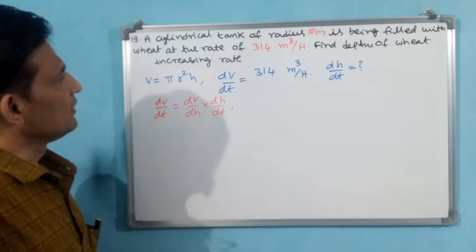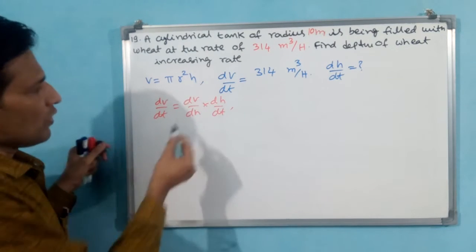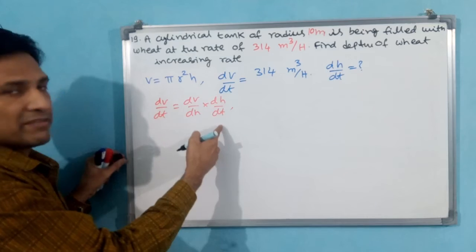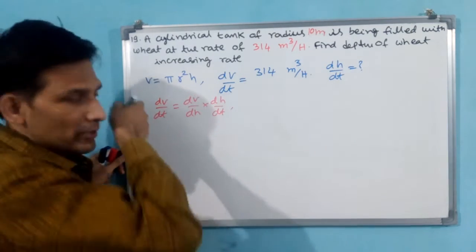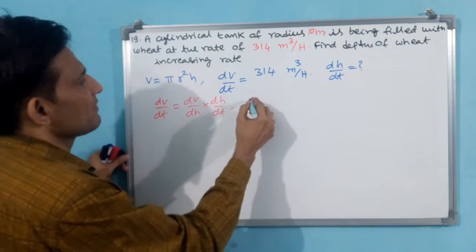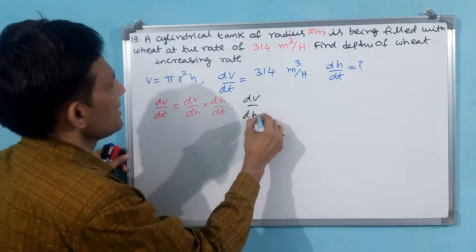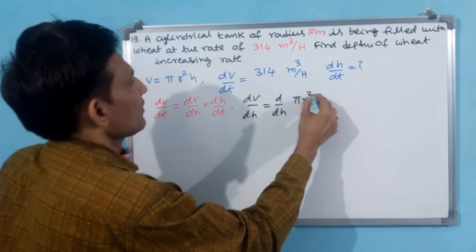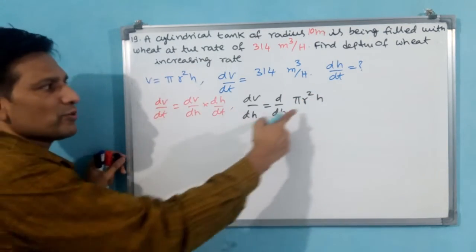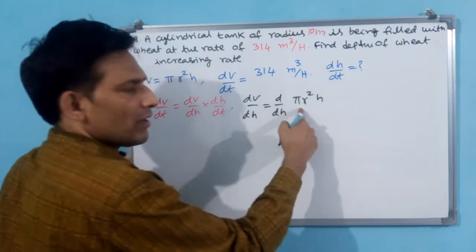Proceed. dH is going to get cancelled in dV by dt. dV by dt they have already given, and dH by dt you are going to get. Find dV by dH first. dV by dH is equal to d by dH of pi r square h. With respect to h, the remaining are all constants.